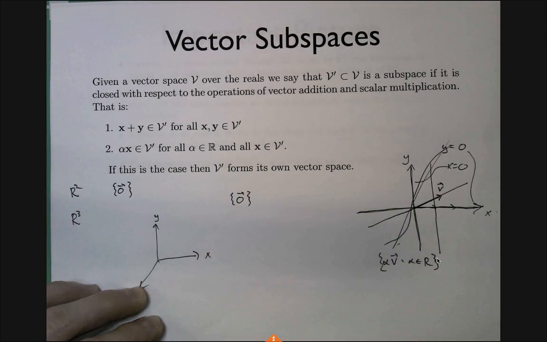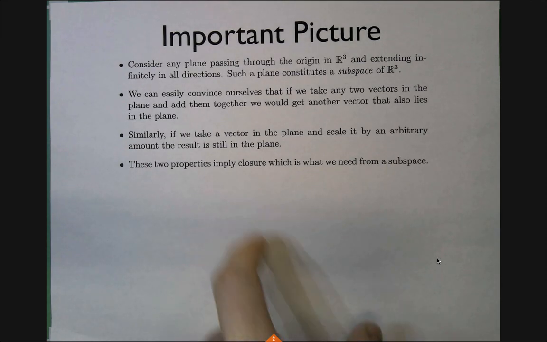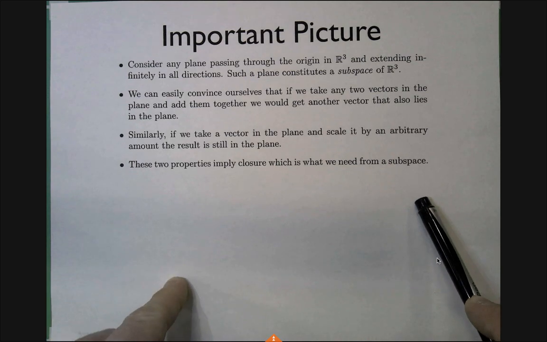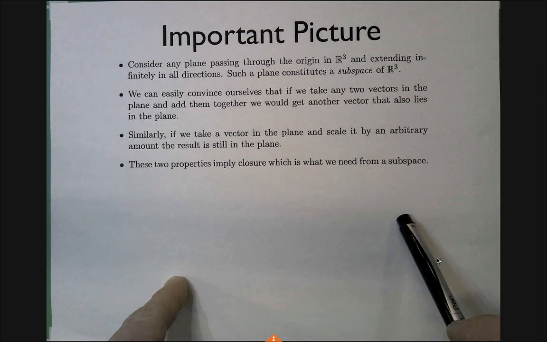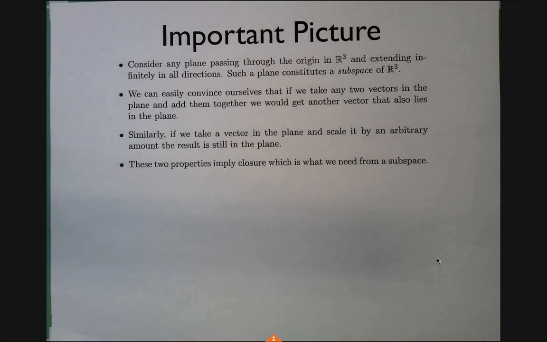It's fairly obvious that if you take any two vectors in the plane and add them together, you get another vector in the plane. It's really the idea of linearity; it cannot be curved, because the moment it curved away from the plane, this would not be true. So the key thing of a subspace, let me summarize it once again, is that it's closed with respect to addition and scalar multiplication and forms its own vector space.